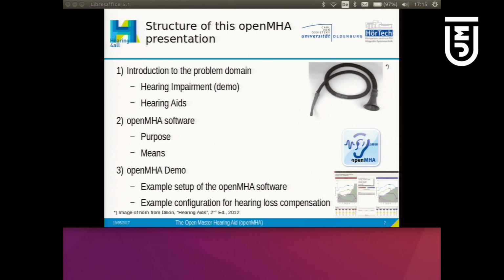The second part is about the openMHA software, what's its purpose, and how does it achieve what it achieves. And the third part is a demo of the openMHA software. We will also have a short demo in the first part about what is hearing impairment.